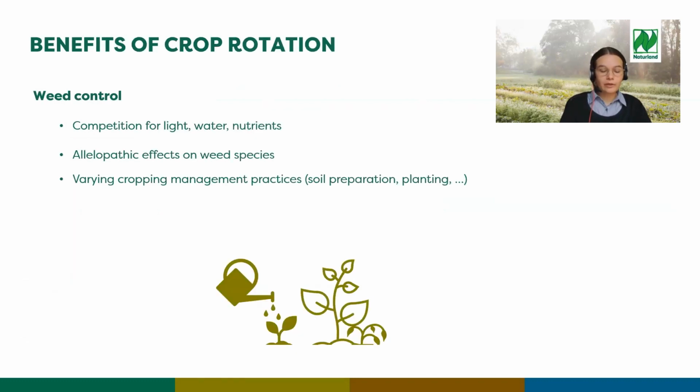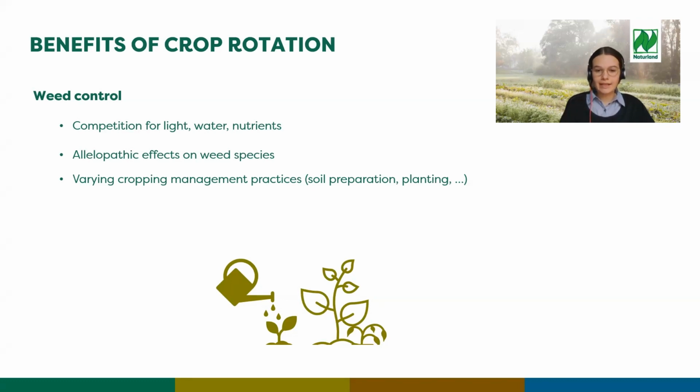One of the benefits of crop rotation would also be weed control. When growing different crops or plant species, these can suppress competing weeds through their presence, so the competition for light, water, and also nutrients. And furthermore, certain chemicals, for example of Brassicaceae or certain legume species, can have an allelopathic effect on weed species to expel them from the surroundings.